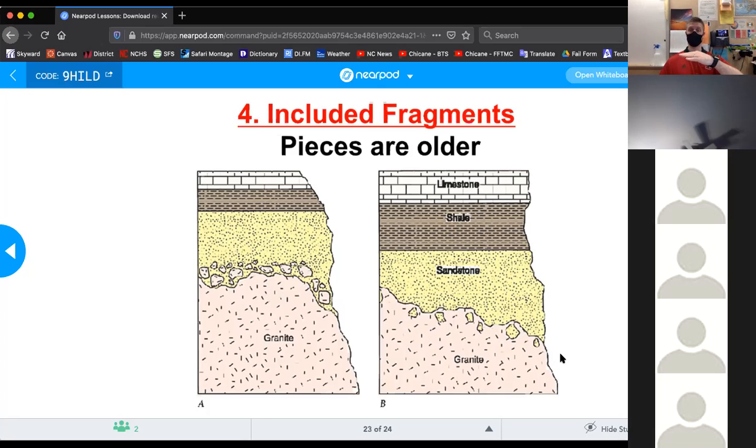So you had sandstone, the magma came underneath it, and then as it cooled, crystallized, hardened into granite, some of those pieces of sandstone that were right along the border between the sandstone and the granite, or the magma, some of those pieces were included in the granite once it cooled and hardened. So again, they look similar, but they're completely different in how they form. But the big takeaway is that whichever rock type is the piece, or makes up the pieces, that's the older of the two.